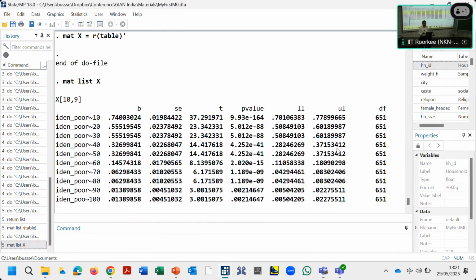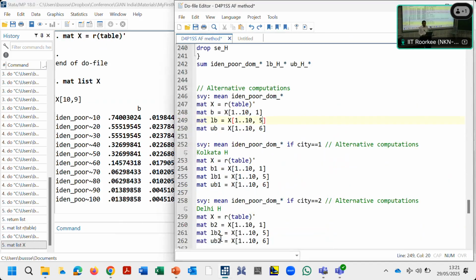We just need these 3, right? We need the estimate, the upper bound, and the lower bound. If you need the standard error, you can have the standard error. That's fine. So our B is equal to X, rows 1 to 10, column 1; lower bound is rows 1 to 10, column 5; and upper bound is column 6. So we are creating these 3 matrices.